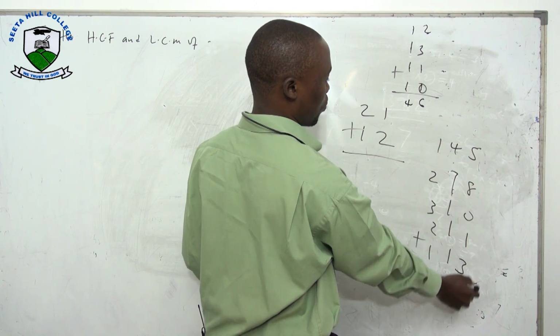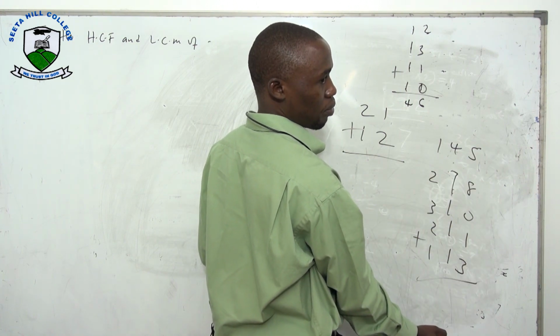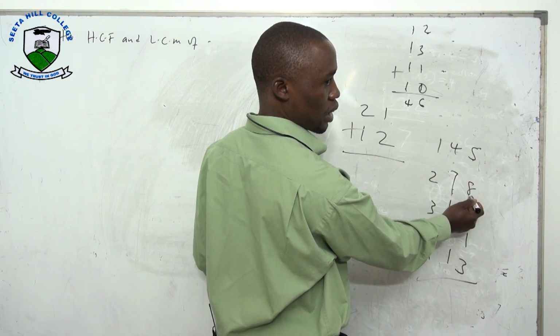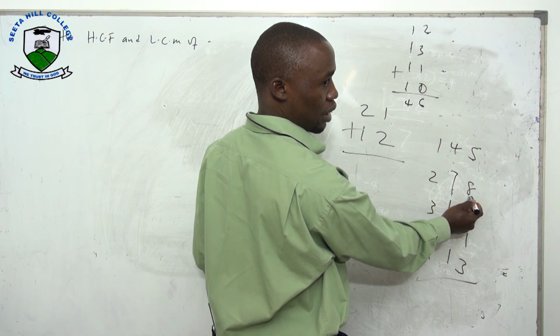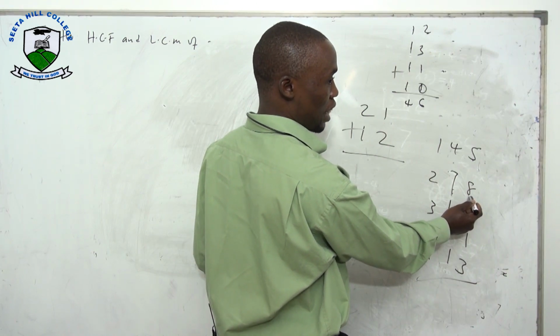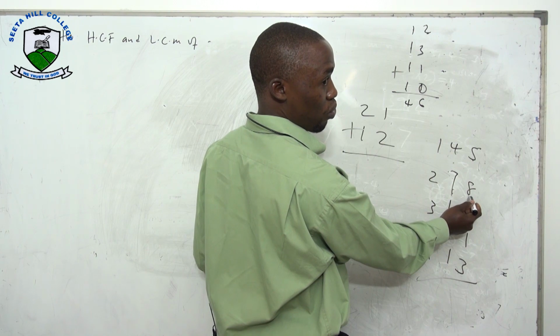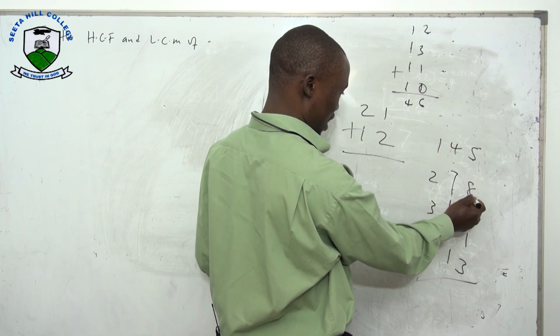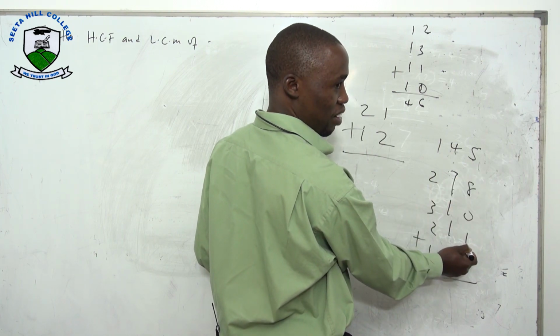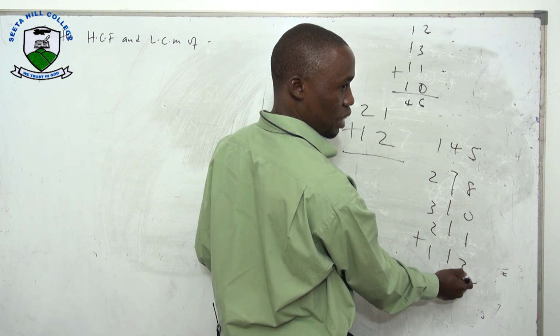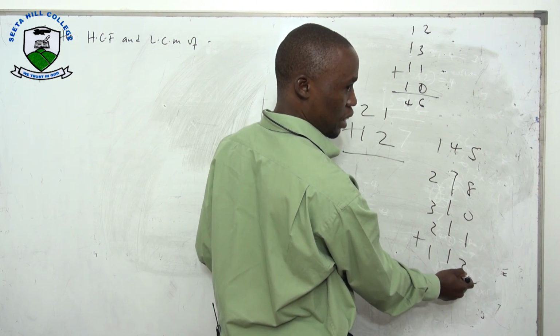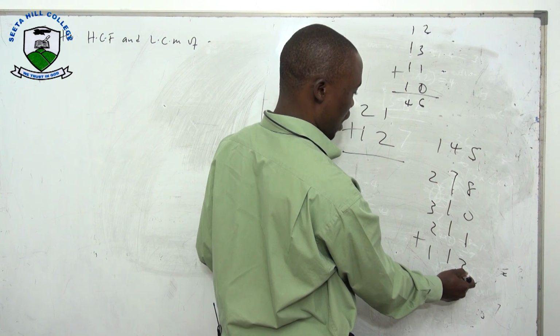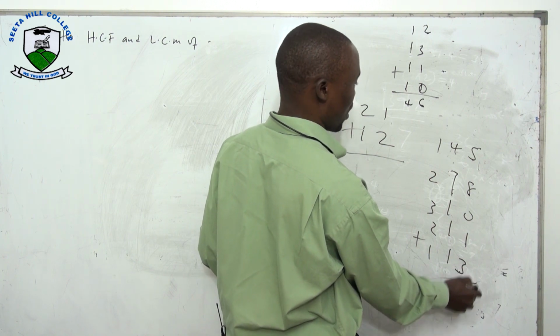What of here? This is 5 plus 13. Now you see I'm adding direct as I move. This is 13. This is 14. This is 17. I write 7.